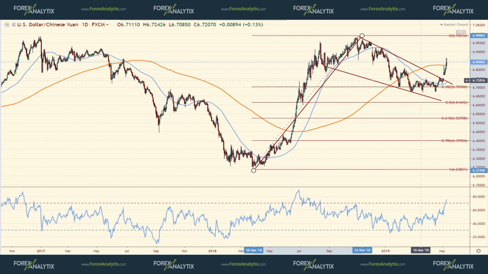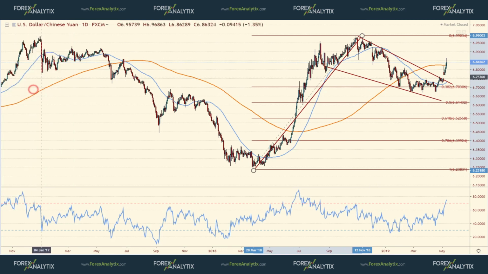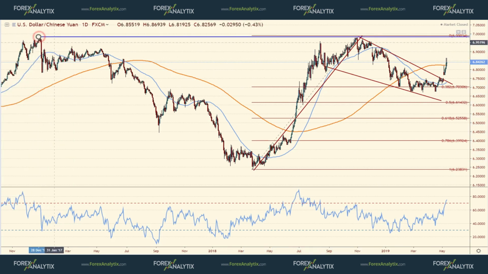And being a pennant, with a little double top here, we could really see the US dollar CNH expand this move higher on a breakout, especially if we take on the 7 big figure exchange rate. And I think you're going to see the US dollar CNH continue higher if the trade war is progressing.